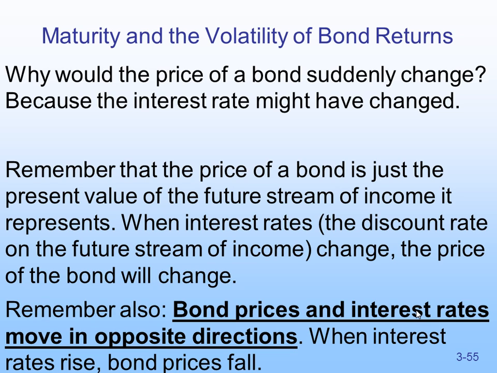Now why would that happen? Why would the price of a bond suddenly change? I've got a 15-year bond, and all of a sudden, 1 year after I bought it, the market price of it changes. Well, that would probably be because the interest rate changed.